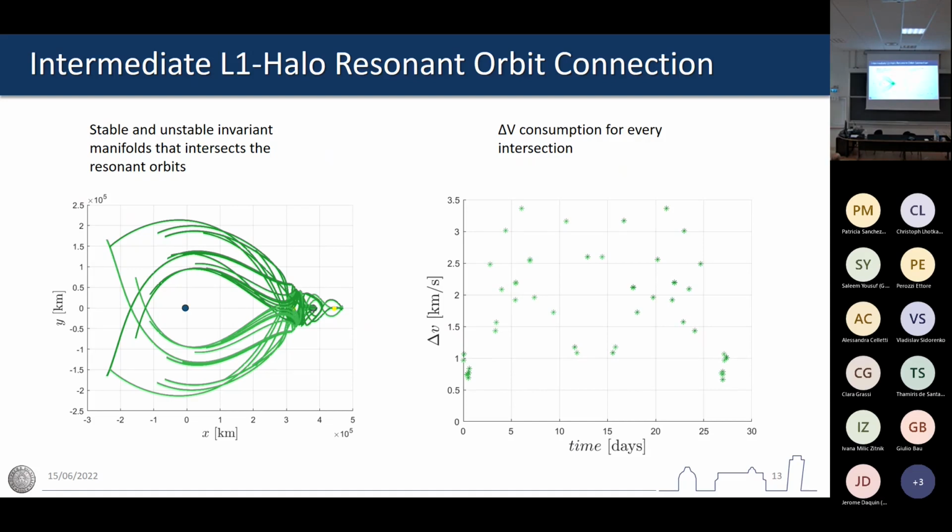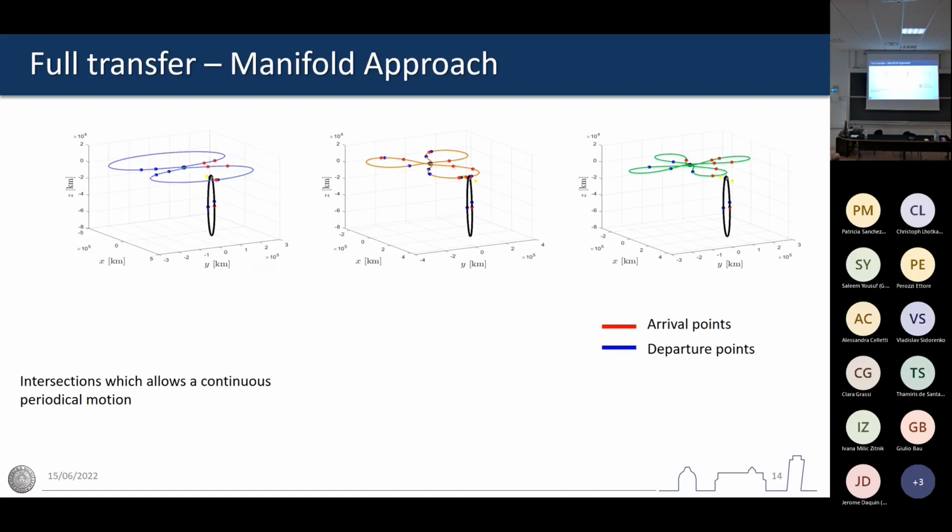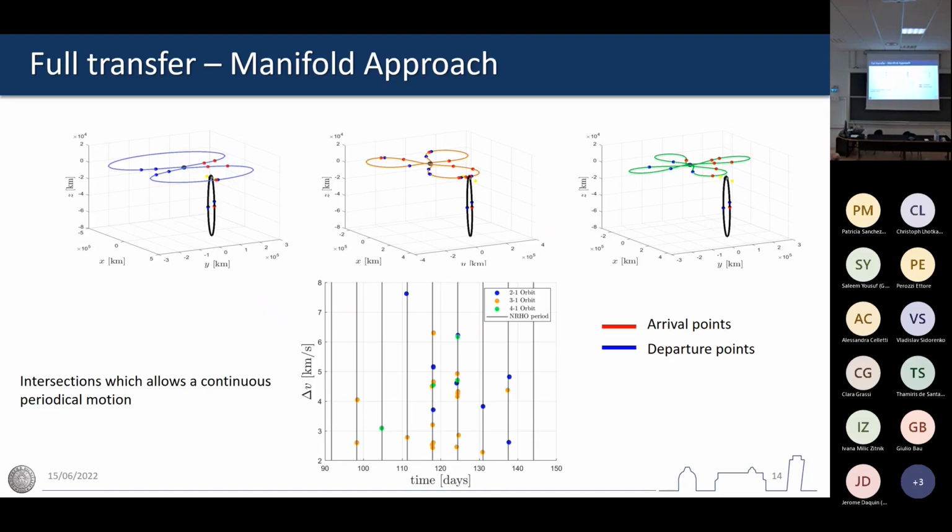Everything is still done numerically. That led us to the selection of one particular parking orbit.